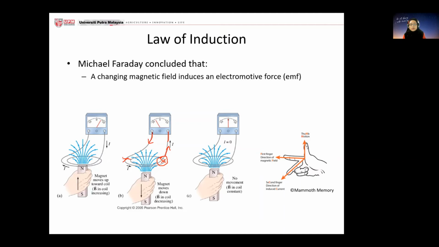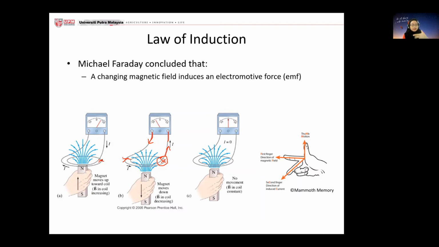So now the current moves from here to the coil and then there, right? So that's when the magnet is moved downwards. But the opposite happens when the magnet is moved upwards. When it moves upwards, your coil relatively is moving downwards.